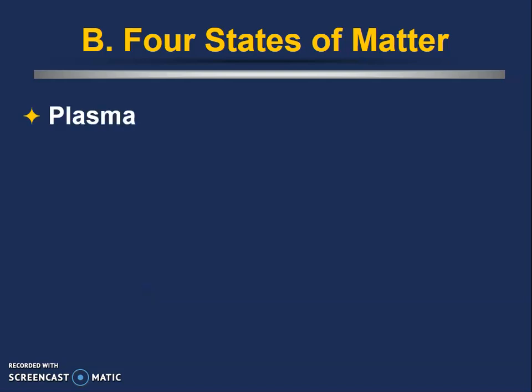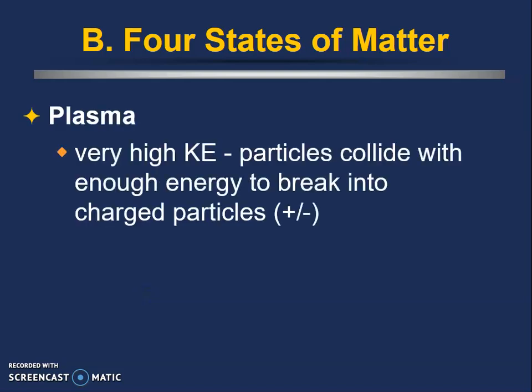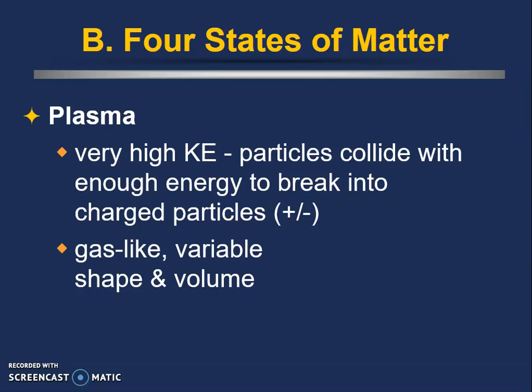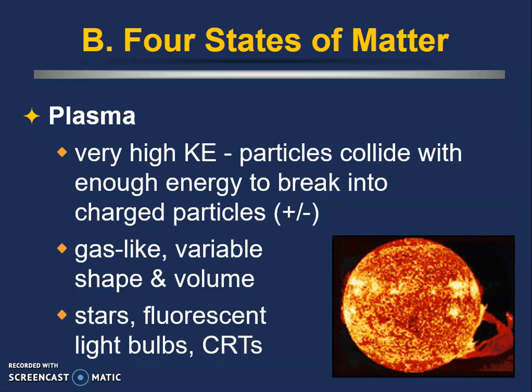There is another state of matter that has even higher kinetic energy. So increase the kinetic energy even more to the very highest level, and we get what's called plasma. Plasma is gas-like in that it changes its shape and its volume. It can expand to fill its space. But the difference between a gas and plasma is that the particles in plasma have such high energy and such high speed that if they collide, they can actually break apart into charged particles, positive and negative particles.